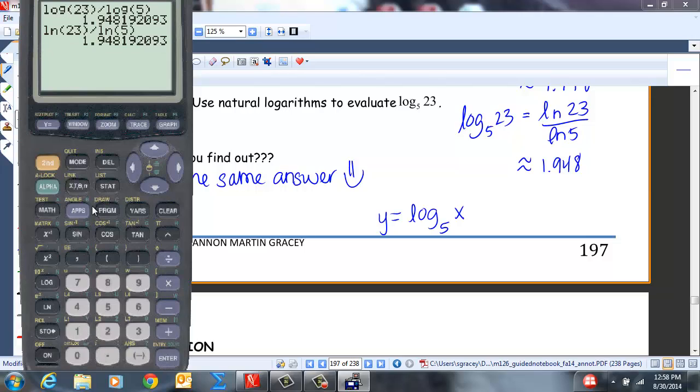Whoops, I need to expand my window. I think I'll just do y max of, well, yeah, I think we'll be good.